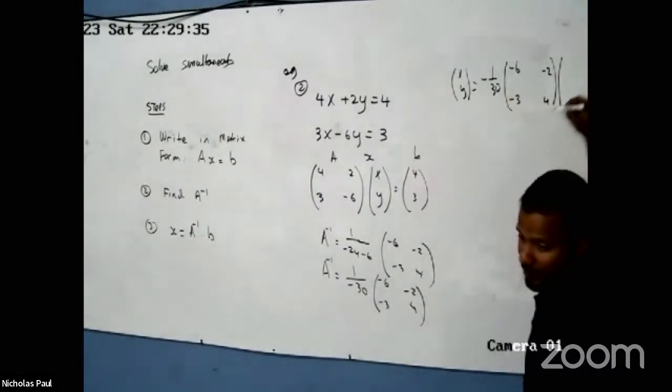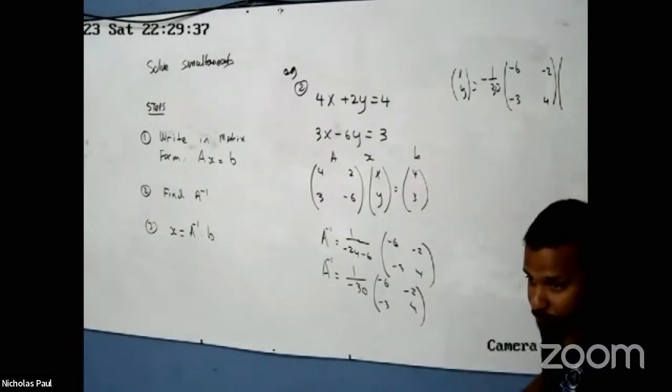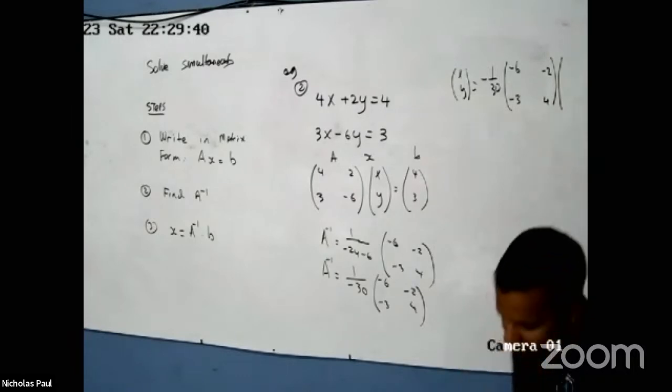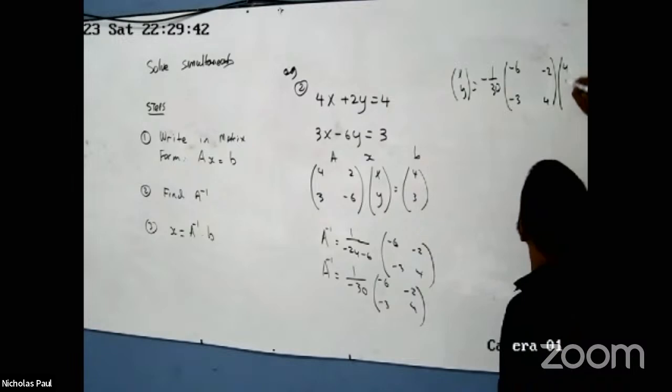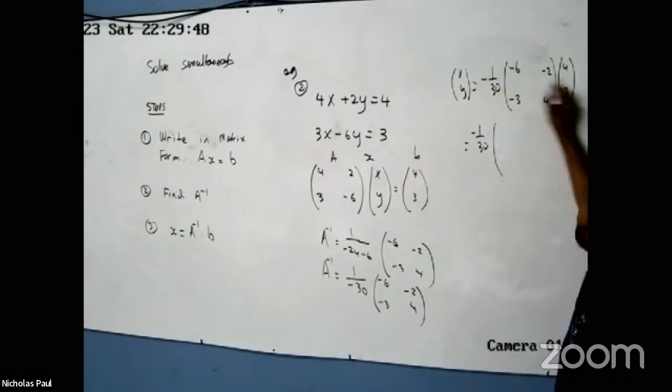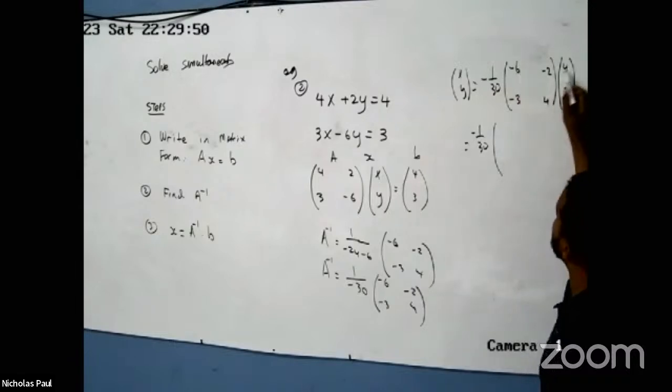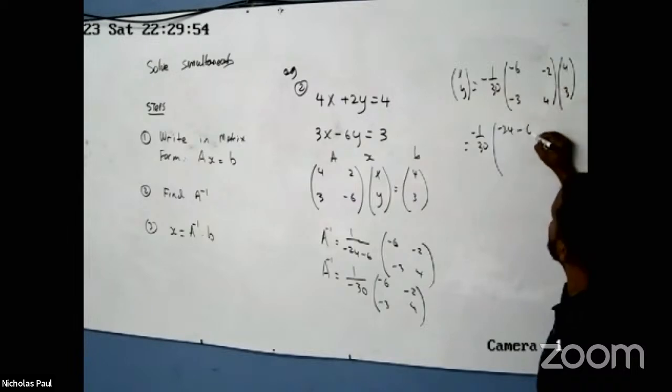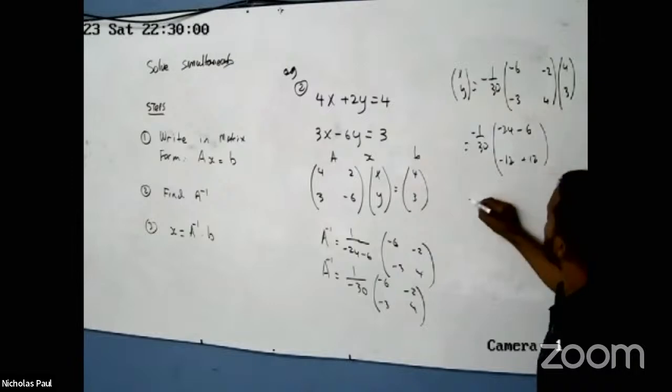And I'm multiplying it by 4, 3. Right? So this is minus 1 on 30. When you multiply, it's row by column, minus 6 by 4, minus 2 by 3, minus 3 by 4, plus 4 by 3. This is minus 1 on 30.